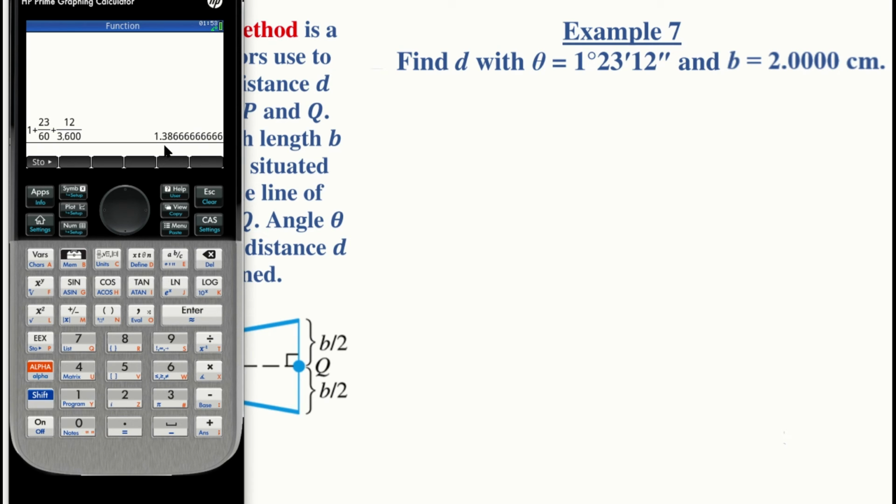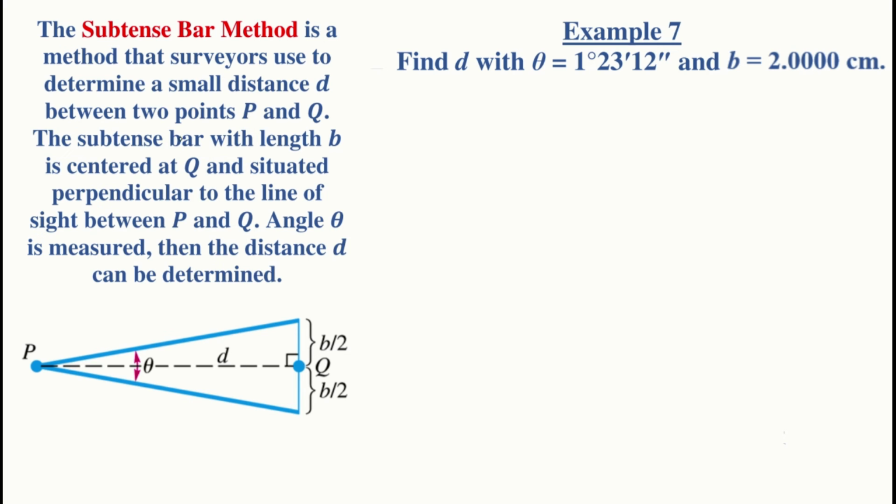All right, so if we're going with 5 significant digits, we'll get 1.3866, and then we'll round the rest to 7, right? So 2 6s and then 7. So we get approximately 1.386667 degrees, correct?